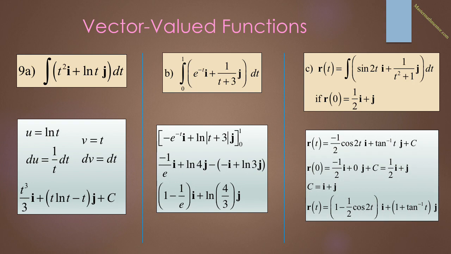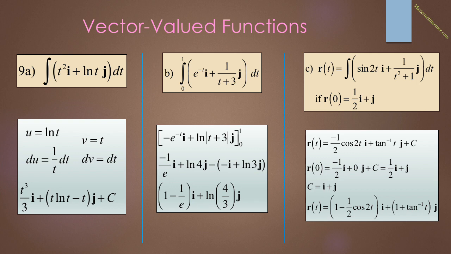In c, we'd like to find r of t, which is the integral of sine of 2t i plus 1 over (t squared plus 1) j dt, given the fact that r of 0 is equal to 1/2 i plus j. First, when we integrate, we get r of t is equal to negative 1/2 cosine of 2t i plus the inverse tangent of t j plus c.